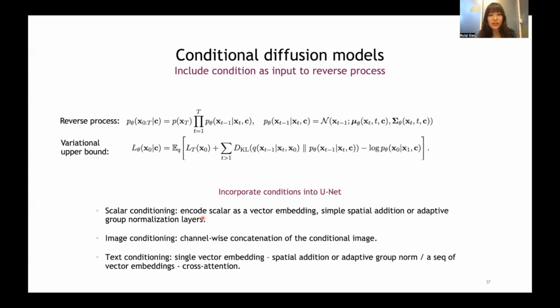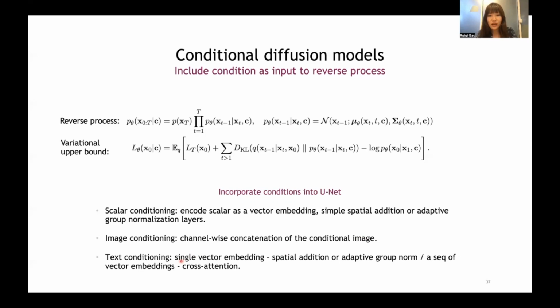Specifically, we can encode the scalar to a vector embedding, and then we simply add the embedding to the intermediate layers of the UNet, or we use adaptive group normalization layers. And if it is image conditioning, we can do channel-wise concatenation of the conditional image and the input image.